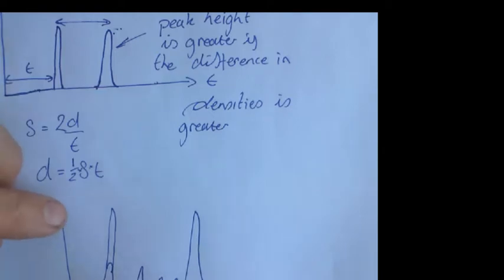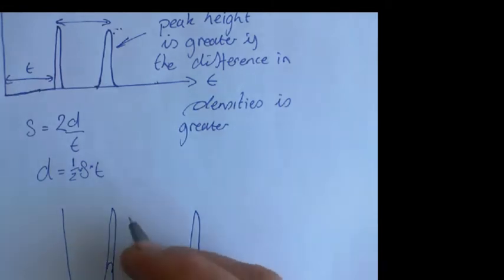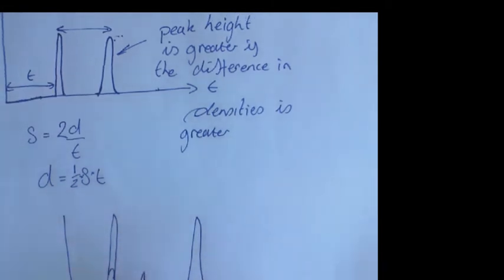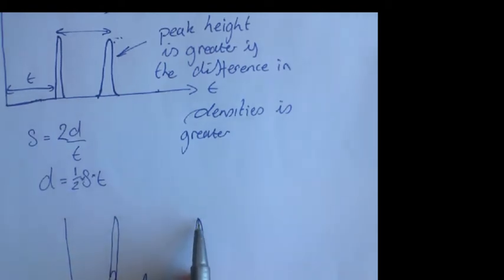But not only that, you'd also know that there's been a big change in density there, whereas when it's travelled to the next one, you know that the change in density wasn't as big because the peak here is less. That's not to say that the density is less here than it is here. It tells you that the change in density is a lot bigger here than it is here. And then here, the change in density is really big again.